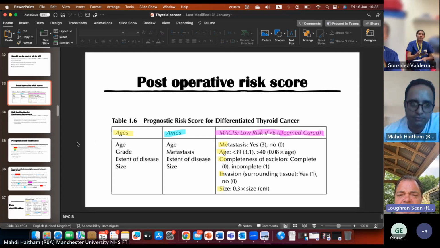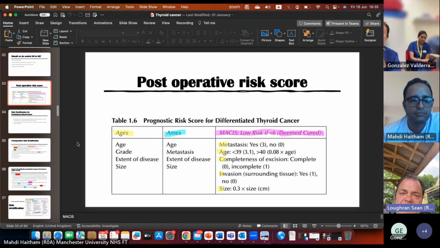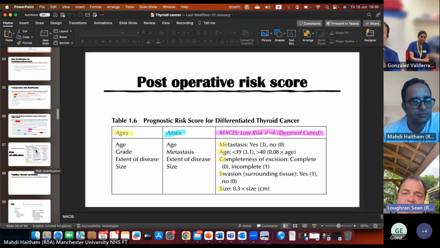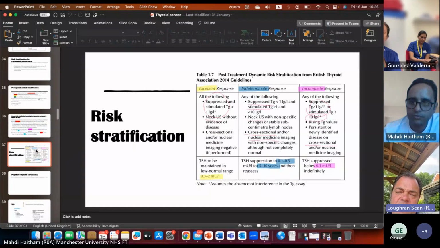It's useful to discuss with patients when you're talking about the risks and need for radioactive iodine. So I think for the oncologists, it's quite useful for them to have some evidence or use of this to talk about whether it is worthwhile giving the additional treatments with radioactive iodine. And I think that's where we would tend to do it.